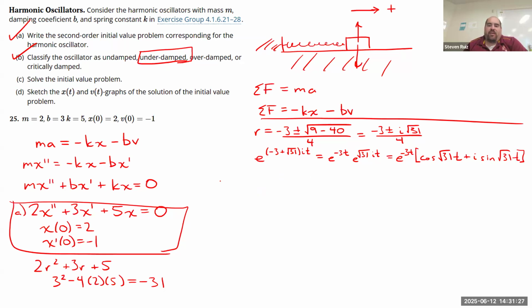So we'll go ahead and write that out for now. x of t equals c1 e to the negative 3t cosine radical 31t plus c2 e to the negative 3t sine radical 31t.